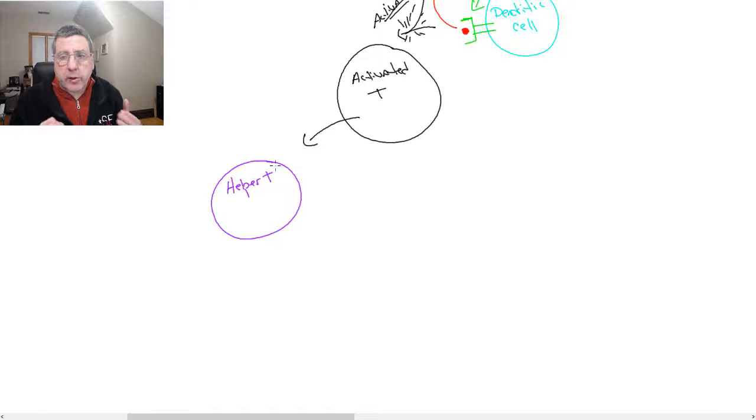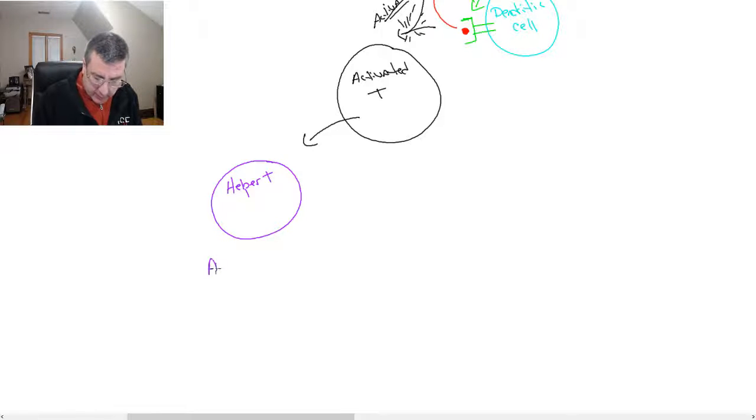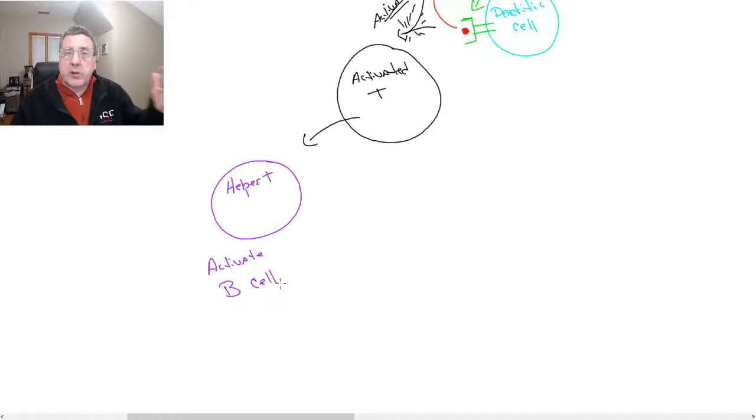What the helper T cell does is bind with or activate the B cell. So remember that previous video that we did, helper T's will activate a naive B cell. And then remember the B cell then leads into plasma or memory cells.